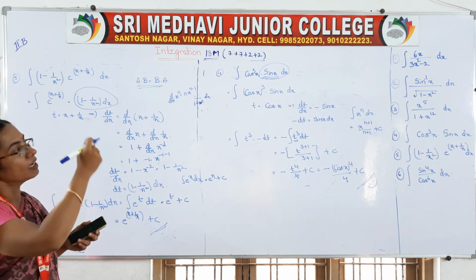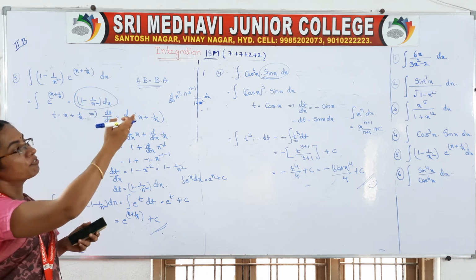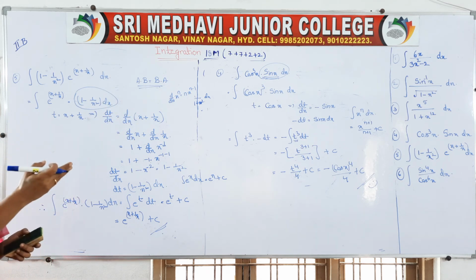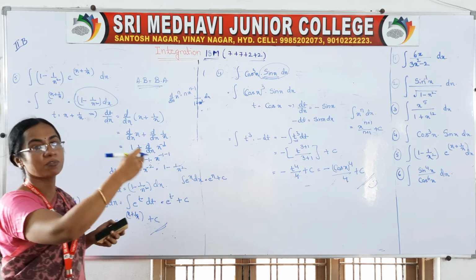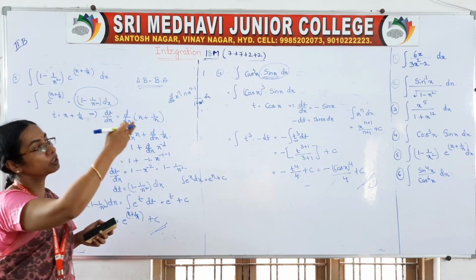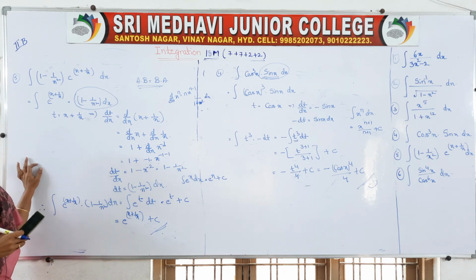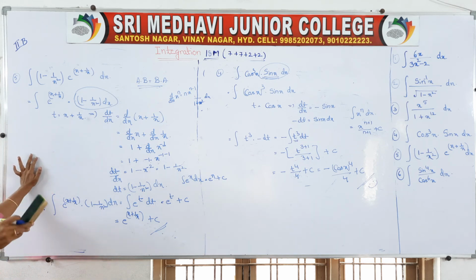If we take cos as t, if we differentiate we will get a sine. If we take 3x square minus 2 as t, if we differentiate one power will be lessened, so it will be 6x. But in this problem you should be a little bit careful. But they don't change the problem in the final exam, no. So once you practice you will remember which value should be taken as t.